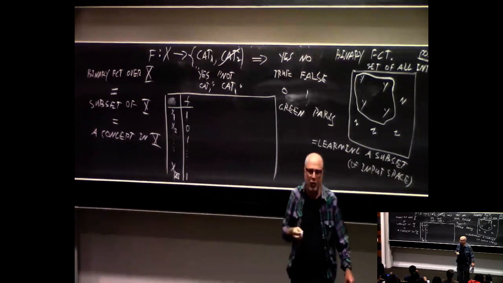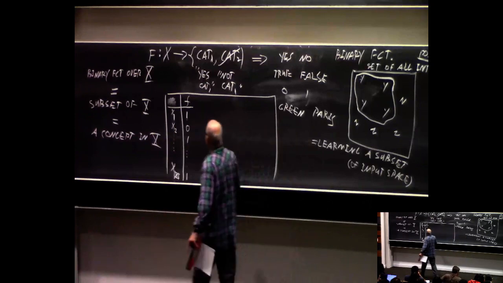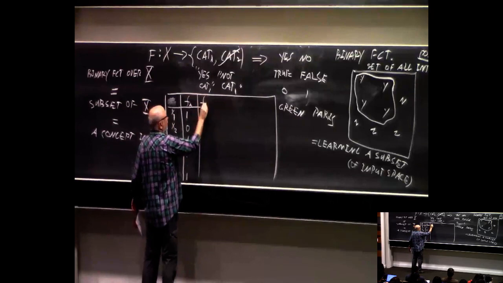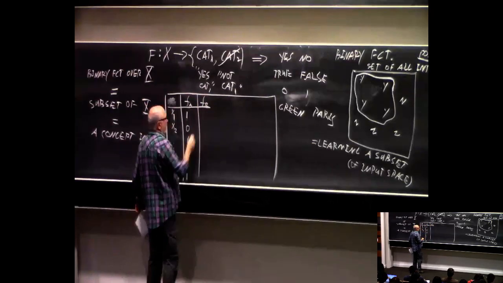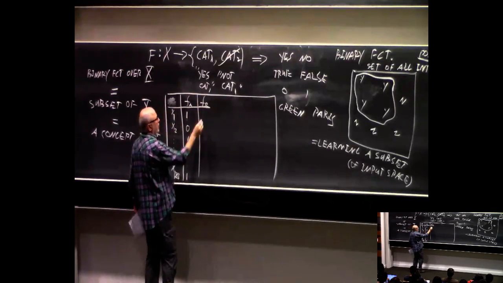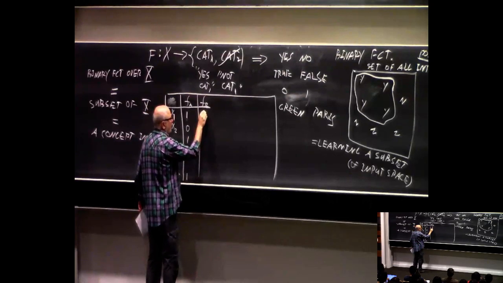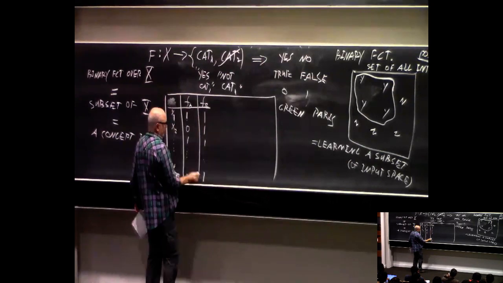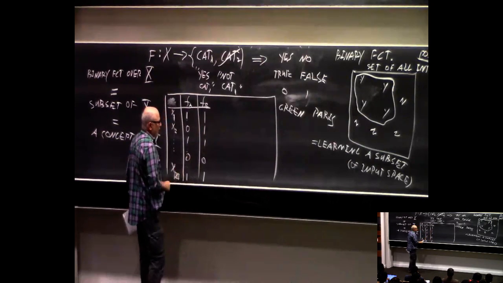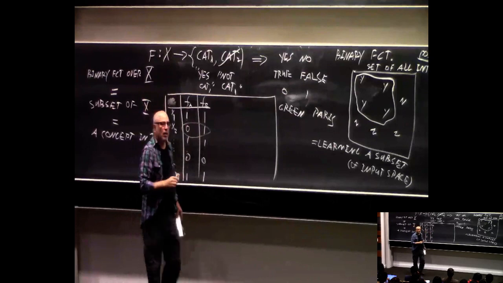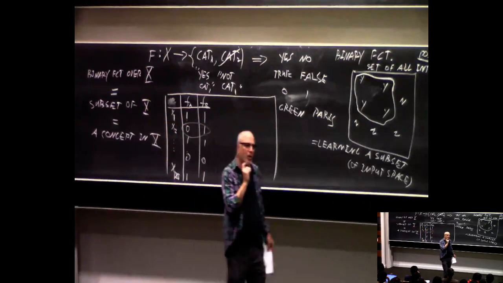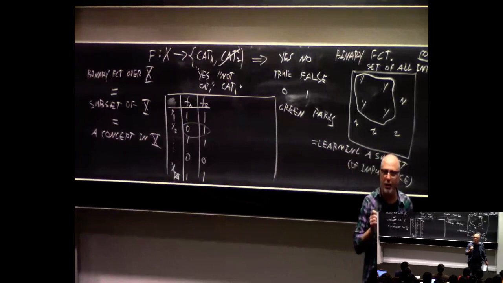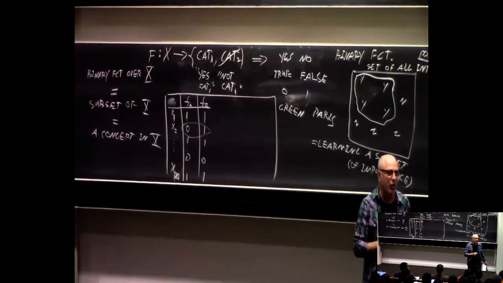Now, there may be another function. So I'll call this FA, and here I'll call FB. And it might agree with this function on most outputs, but not on all of them. So let's say here it says 1, and then the rest are the same. My point is that you can represent binary functions as bit vectors, the length of which is the size of your input space.